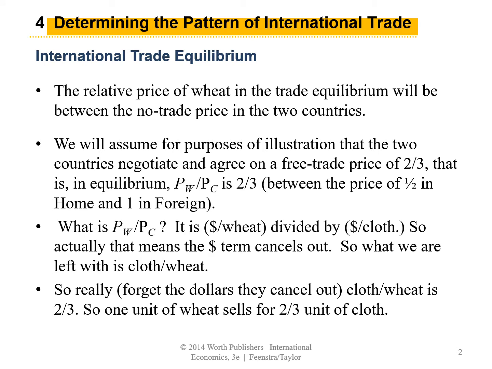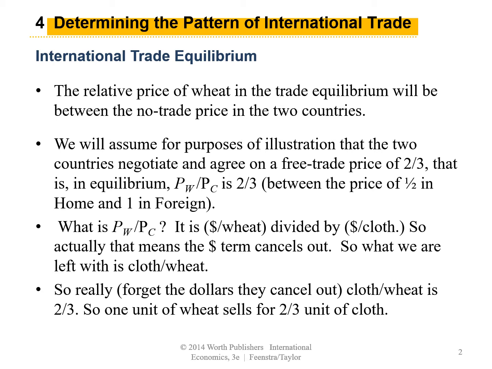So let's suppose the two countries do trade with each other. And one thing we know is that the trade price, the ratio of exchange between wheat and cloth, has to be in between the slopes of the two production functions.